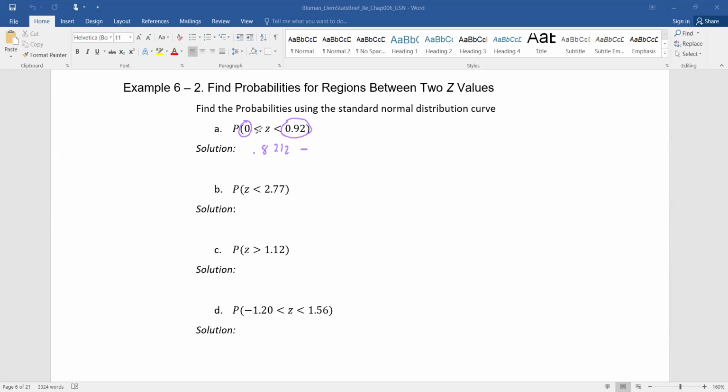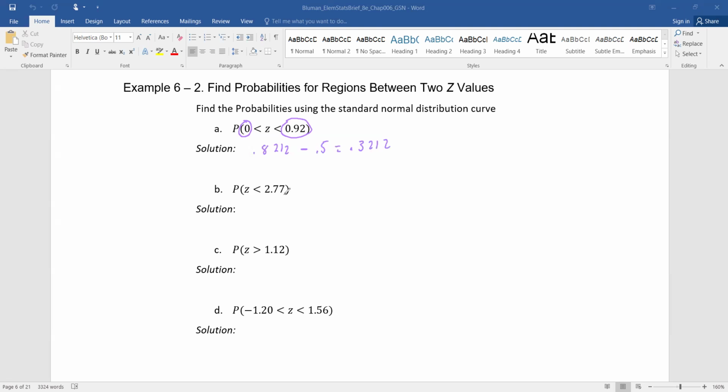And then if I subtract 0, which I already know is 0.5, I would get 0.3212. So when you're trying to find the probability of regions, you're basically saying, if I want to find something that will fall between 0 and 0.92 z-score, then I have a 32.12% chance that I would grab one of those samples.